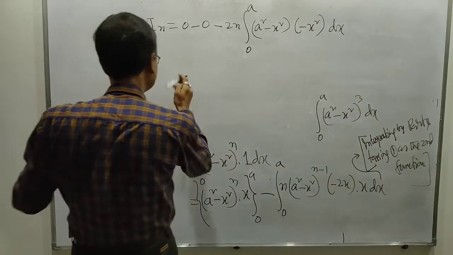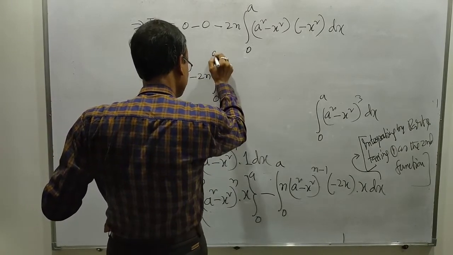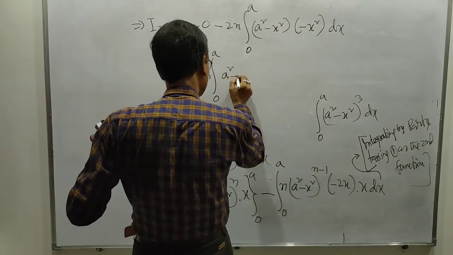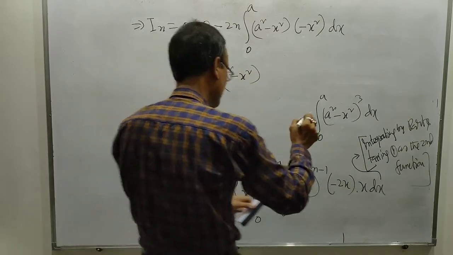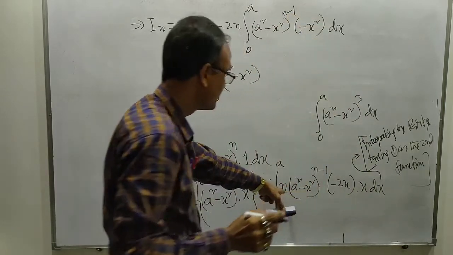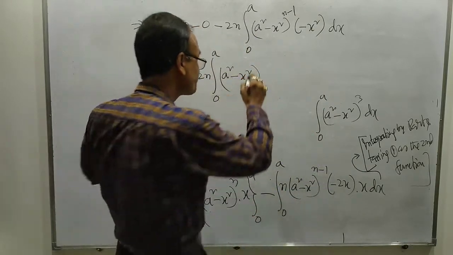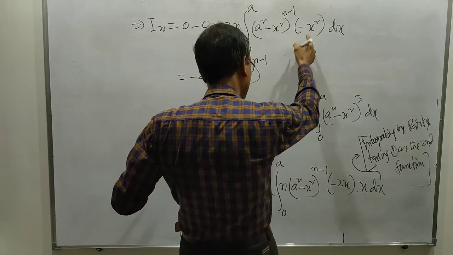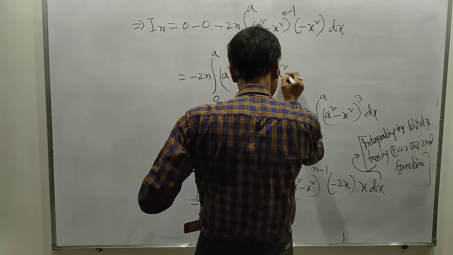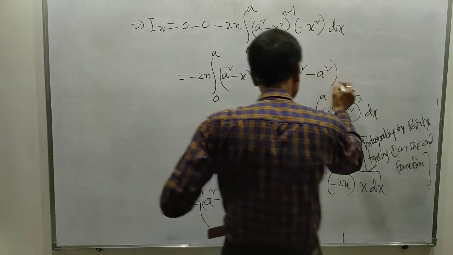This is equal to minus twice n integration from 0 to a of (a square minus x square) whole to the power n minus 1. For minus x square, you may write a square minus x square minus a square. You may write like this.